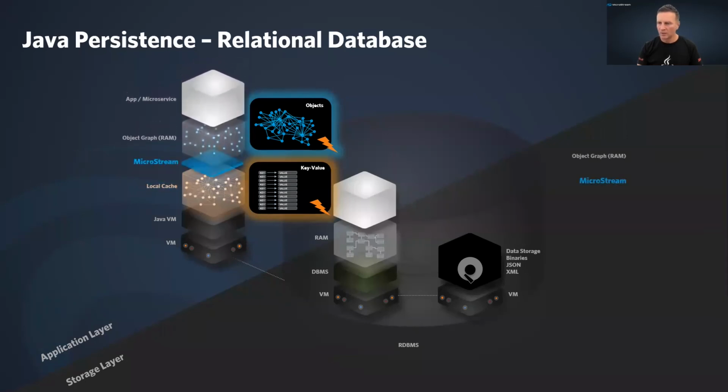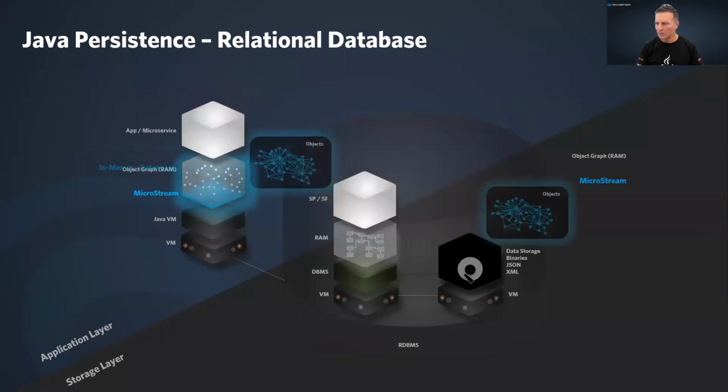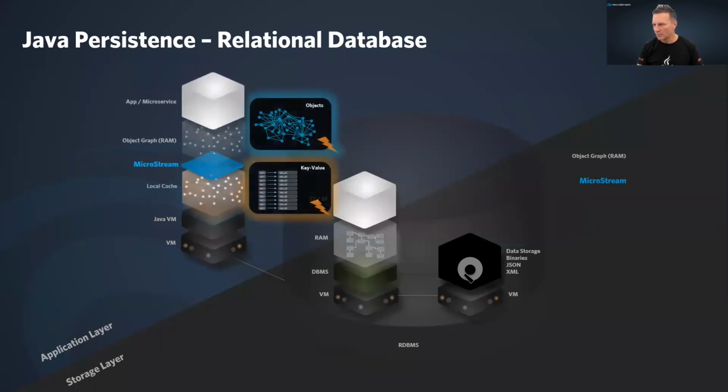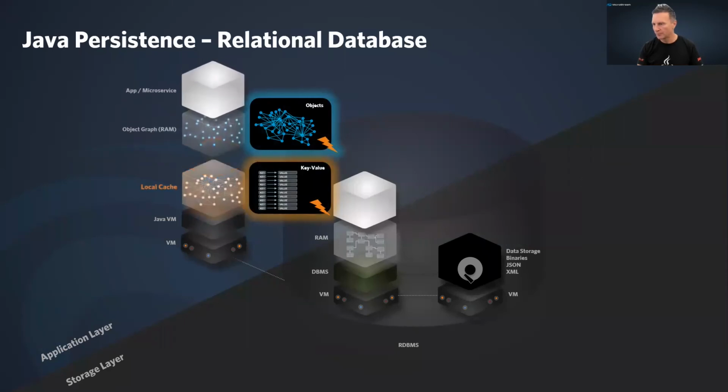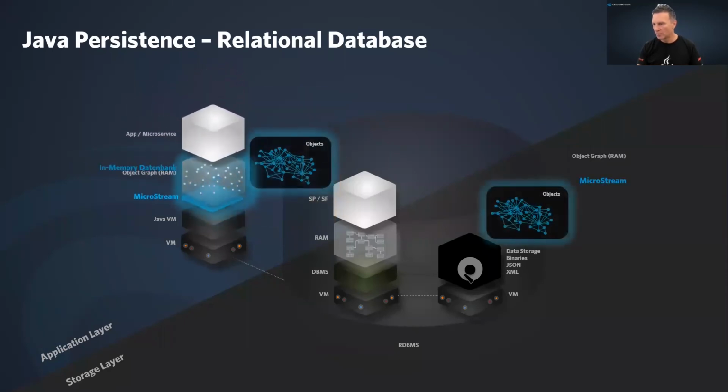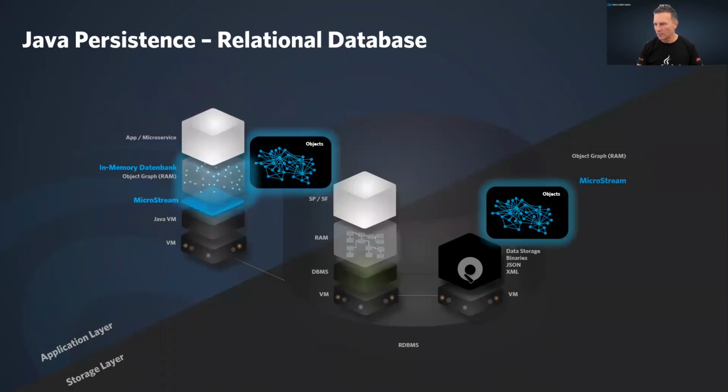Okay, then a cache is not needed anymore, because now with MicroStream we work on the object graphs in memory. So we have our objects already in memory. So we don't need a local cache anymore. Can kick it out. The architecture becomes now super simple.